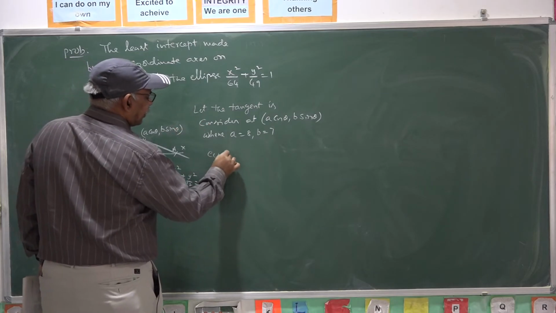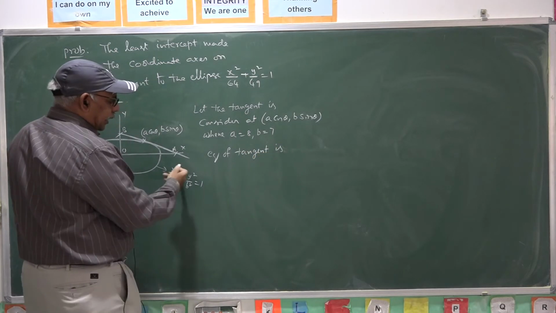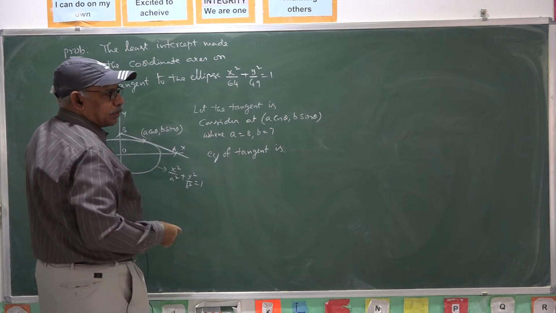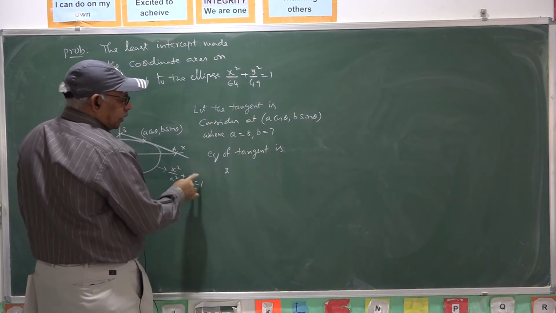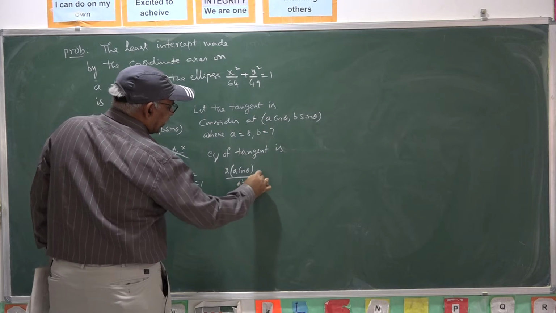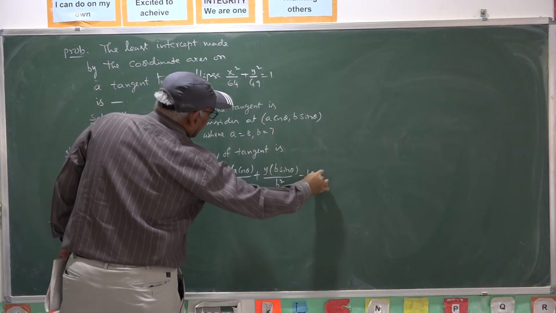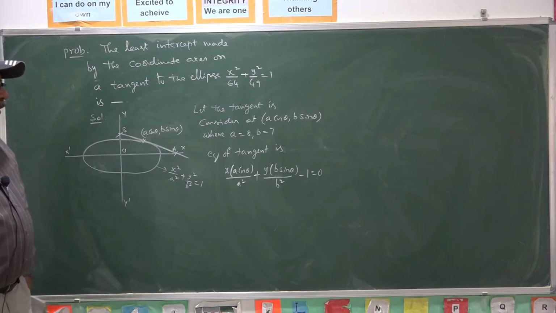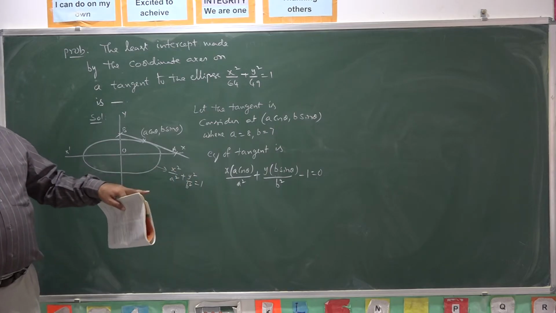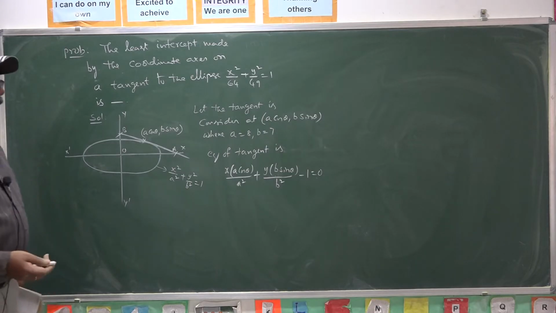So, the equation of the tangent is, for any second degree curve, once a point is given on the curve, the equation of the tangent is given by replacing x square with x x1, y square with y y1, x with x plus x1 by 2, y with y plus y1 by 2, like that.